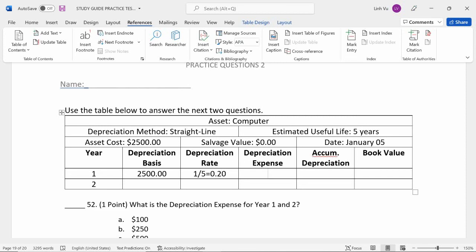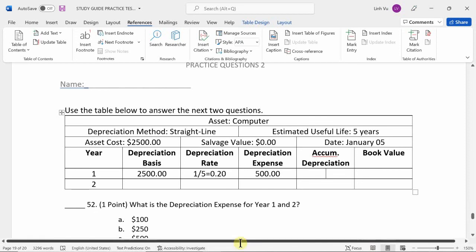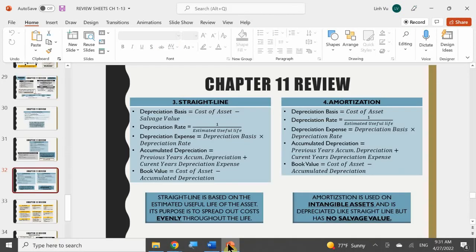So what's my depreciation expense for the first year? 500, right? 2,500 times 0.2 should give you $500. Then your accumulated depreciation would be 500, and your book value would be 2,500 minus 500.